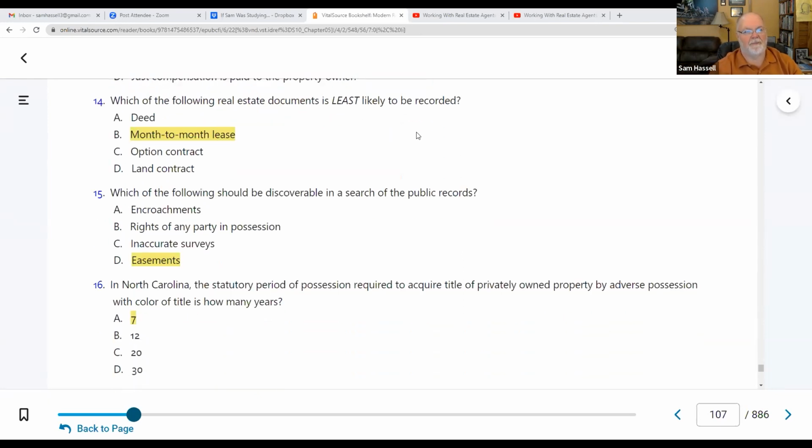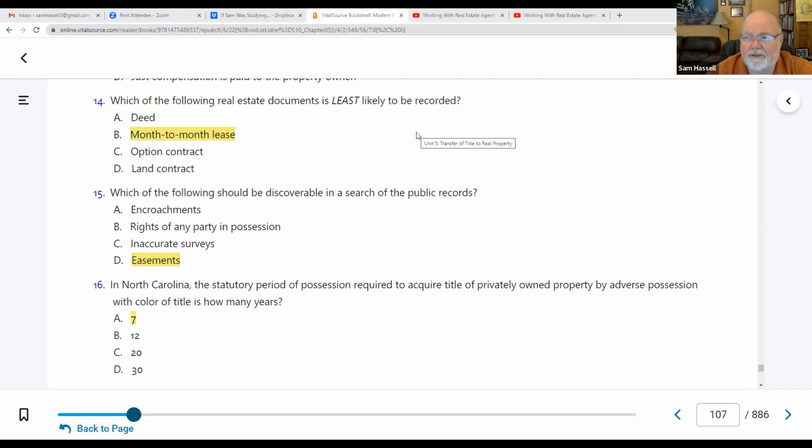Number 14, which of the following real estate documents is least likely to be recorded? All right, remember this, okay? This is key. Leases of less than 3 years do not have to be A, in writing, and B, recorded, okay? Leases of less than 3 years can be oral, and they do not need to be recorded, okay? 3 years or more, they must be both of those, but up to 3 years, they do not have to be.